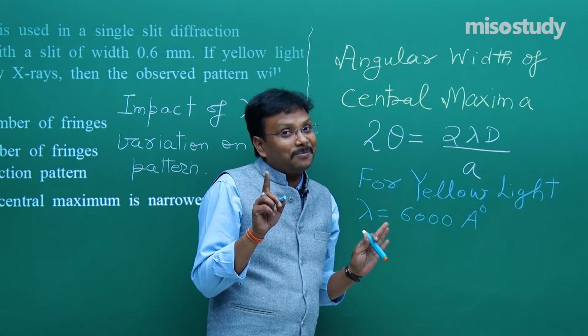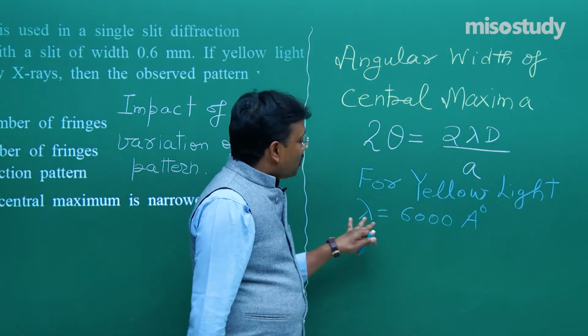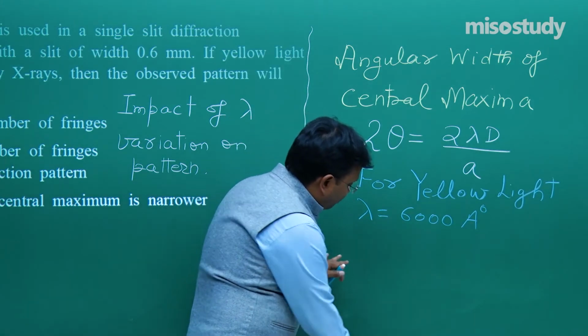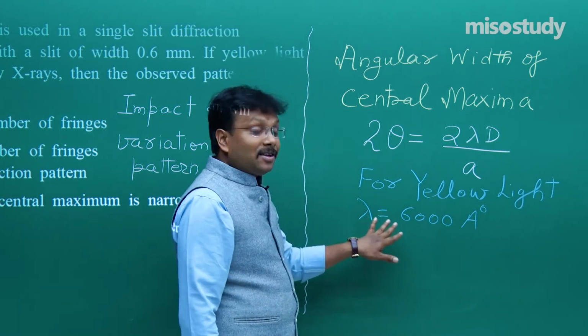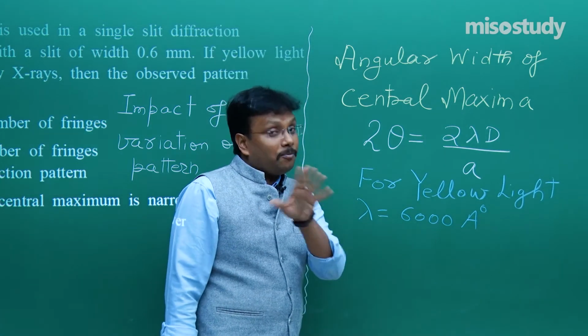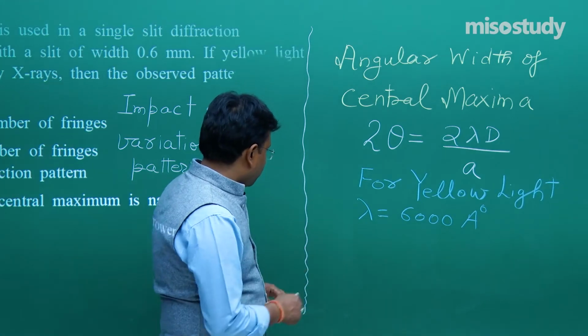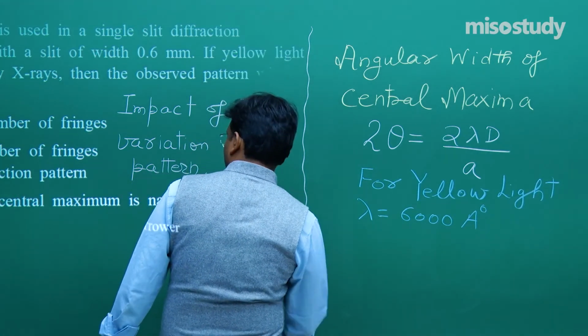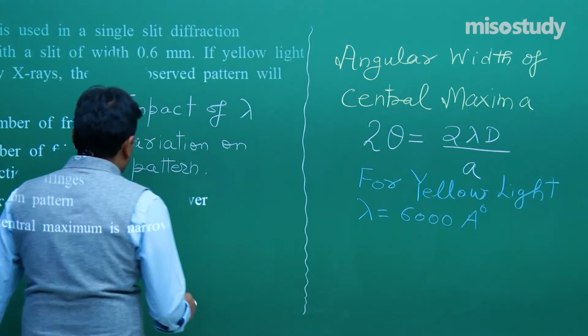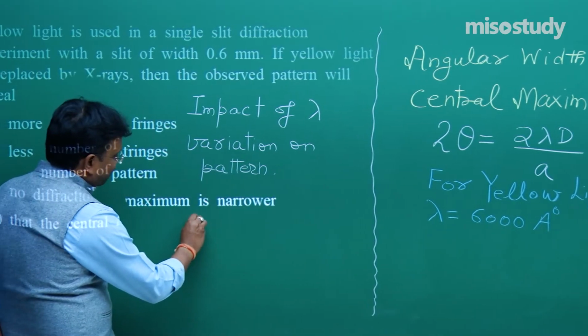Imagine the situation. The difference is how much. So for X-rays, lambda is of the order of 1 angstrom. So I think I should mention that line. That is important. Yes. So let's mention it over here.